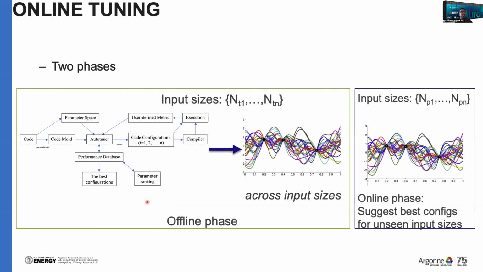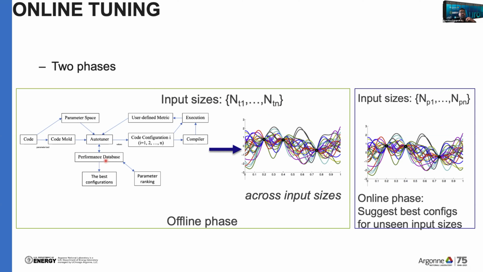So the approach that we came up with for online tuning is a two-phase approach. In the offline phase, we do the same sort of offline auto tuning that we described so far, but for different input sizes. We define a set of so-called training input sizes, NT1 to NTN, and for each input size, and for the particular kernel or library or application, we run the auto tuning.